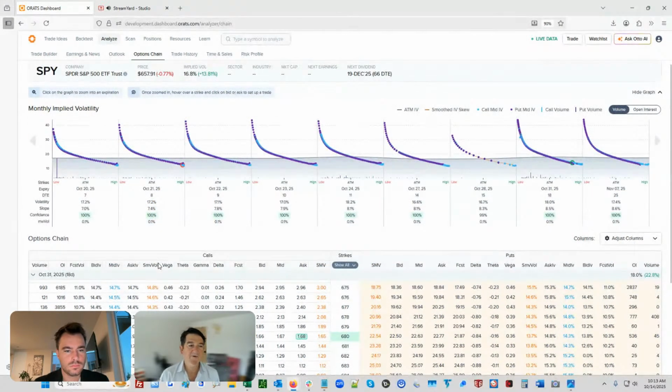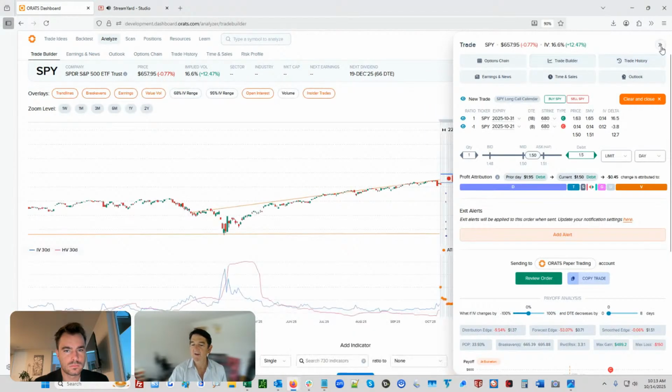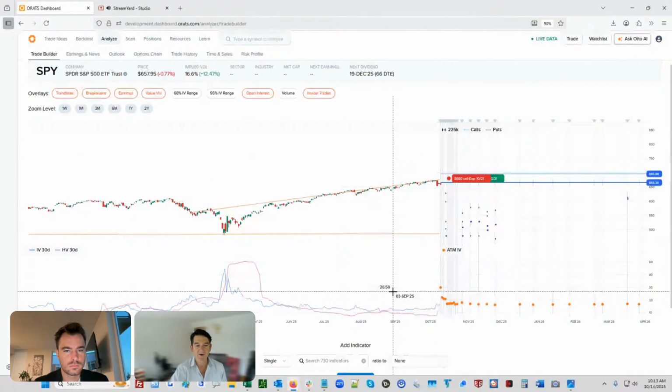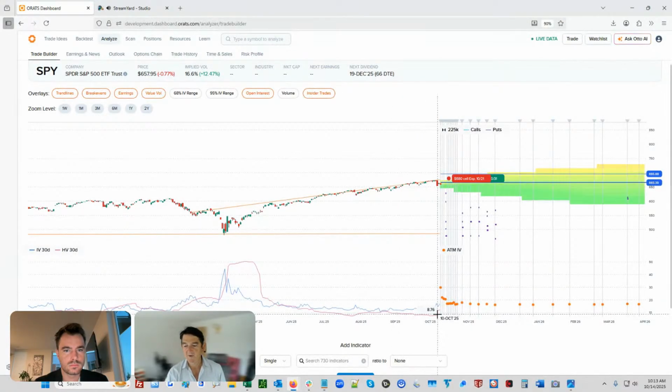the forecast value. But I think another way to look at the forecast value is to click on the trade builder and see why we're coming up with such a low forecast of volatility. And the reason you see that is the historical volatility has been incredibly low. That's the magenta line.